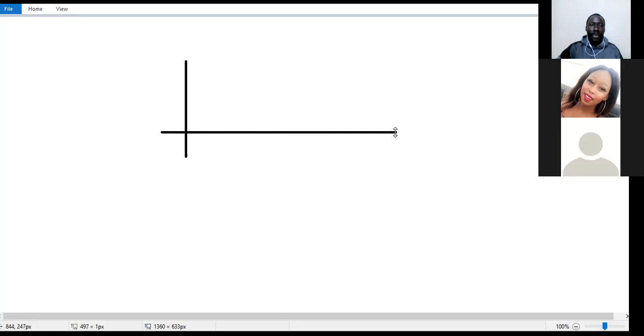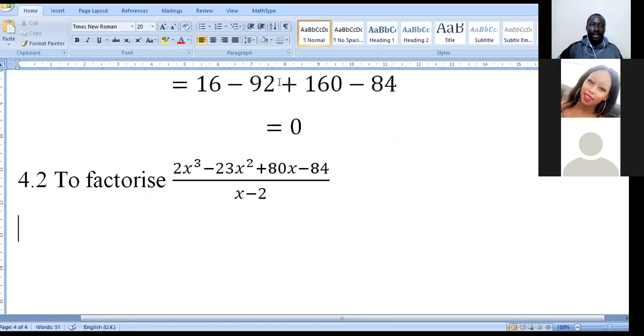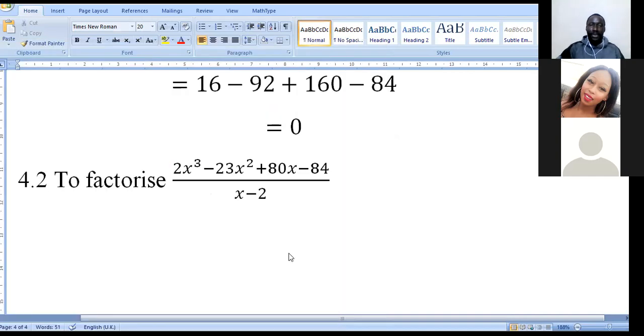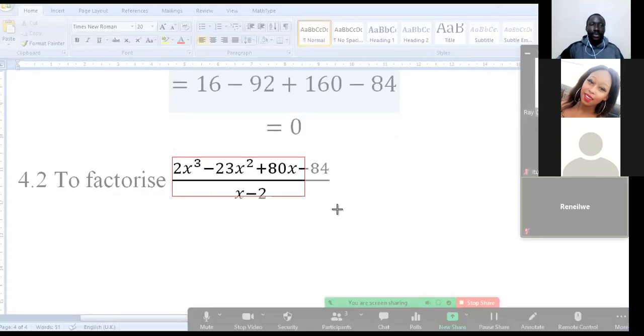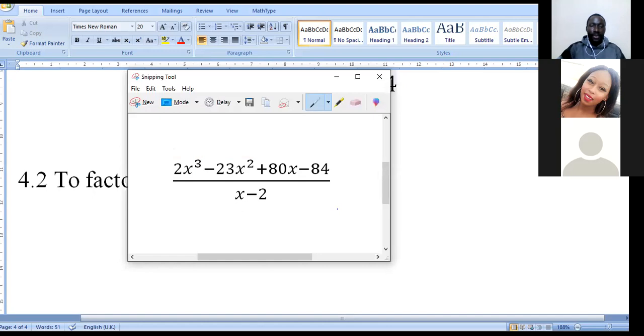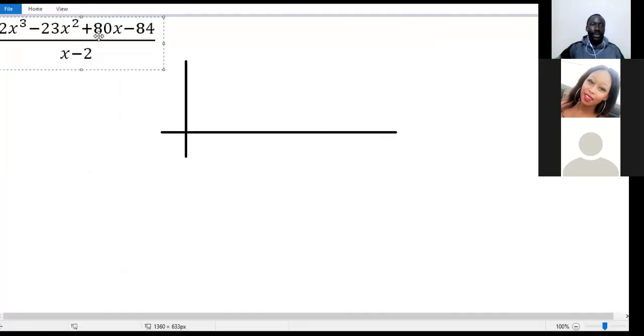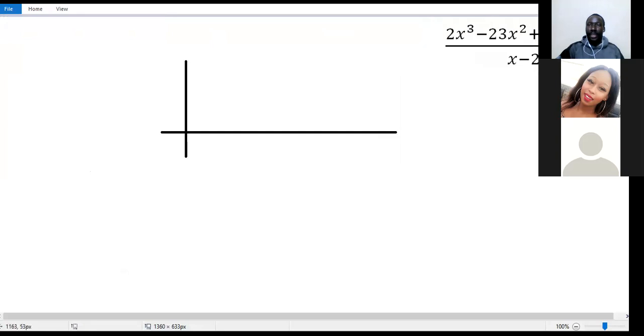We'll draw this. Then I'll snip the numerator so that we don't have to keep referring back to it. Here we go. This is the page we are now going to be working on, and this is what we are dealing with.